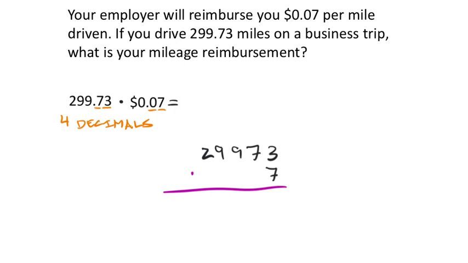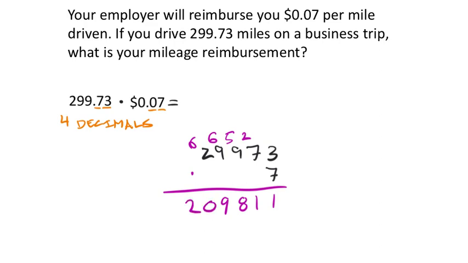So first up, 7 times 3 is 21, carry the 2. 7 times 7 is 49, but add the 2 makes that 51, so we'll carry the 5. 7 times 9 is 63, but add the 5 is 68. Carry the 6. 7 times 9 is 63, but add the 6 is now 69. Carry the 6. 7 times 2 is 14, but add the 6 is 20.